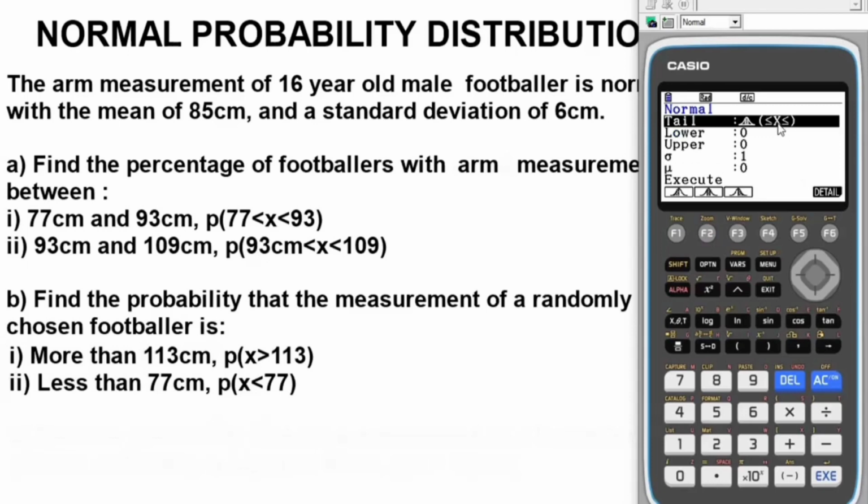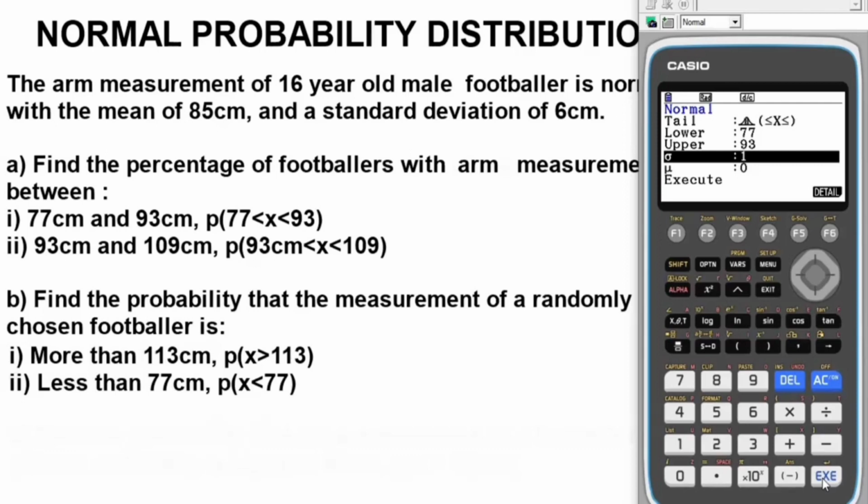This is the interval notation we're going to work with, very important to solve this kind of problem. So let's input our lower value. Our lower value here is 77. Press execute. Our upper value is 93. Very simple, guys. Press execute.